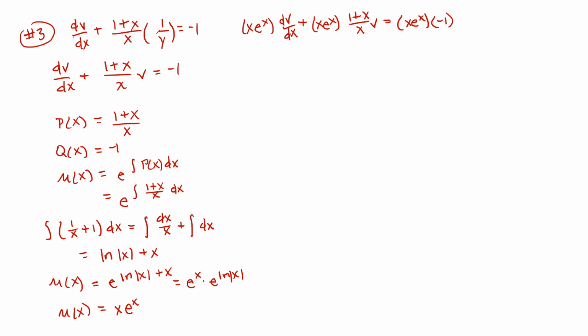I know that this is the result of the product rule for the derivative of x e to the x times v with respect to x, and that equals -x e to the x. So I'm going to then take the integral of both sides.